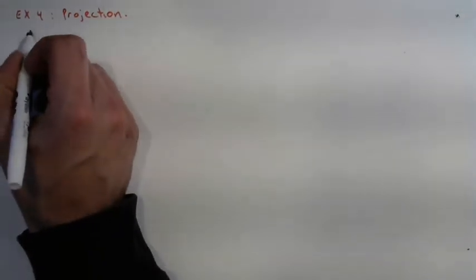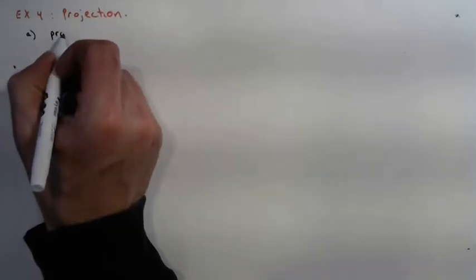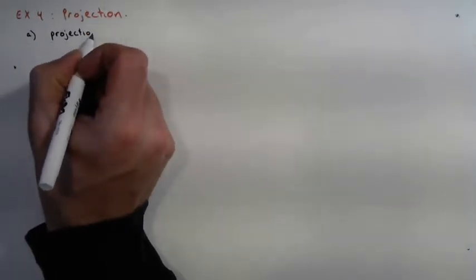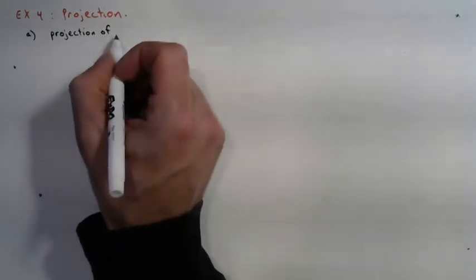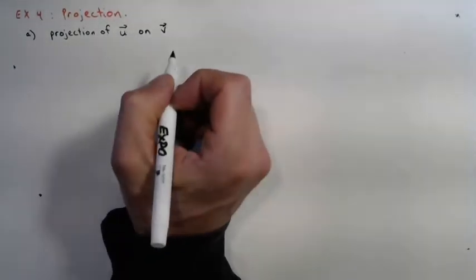So example 4, this is projection of one vector onto another. We're going to determine in A, there's going to be two parts. We're going to do A and B. We're going to determine the projection of u on v.